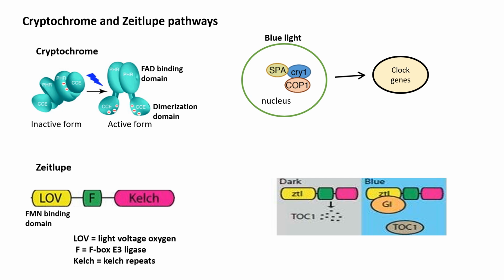The Zeitlupe or ZTL proteins are photoreceptors of blue light, which play a role in regulation of the circadian clock. Zeitlupe has a blue light absorbing domain called the LOV domain, which is responsive to light, oxygen, and voltage.